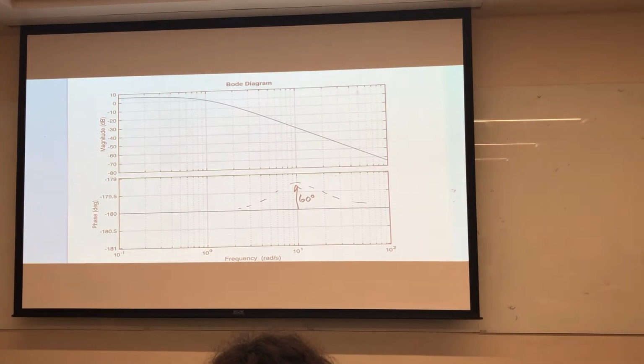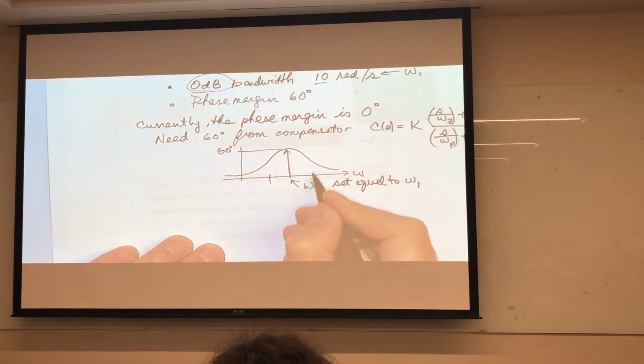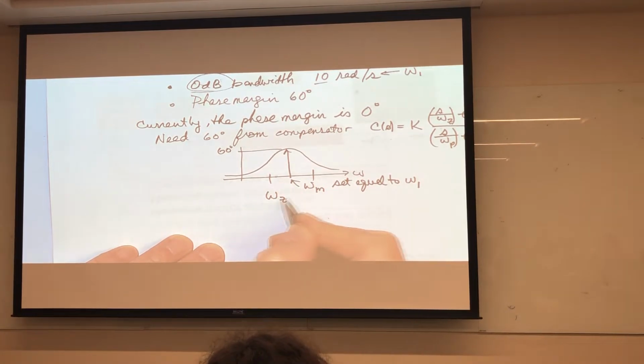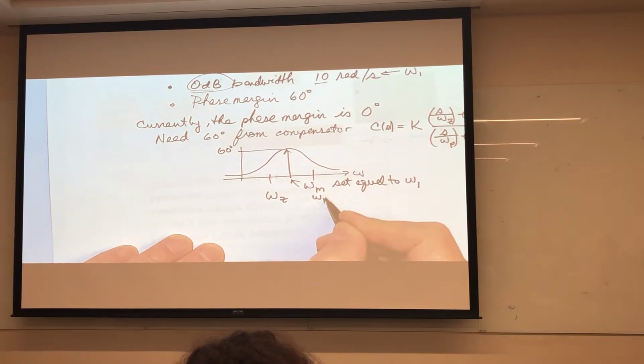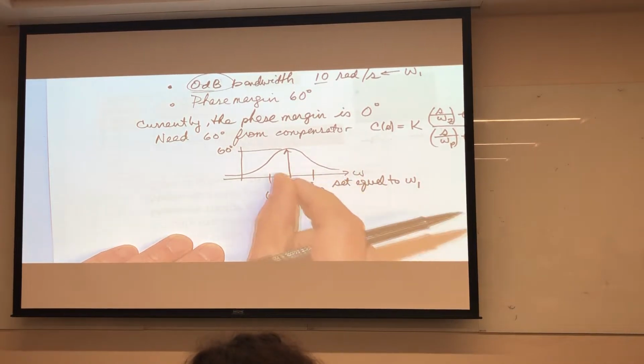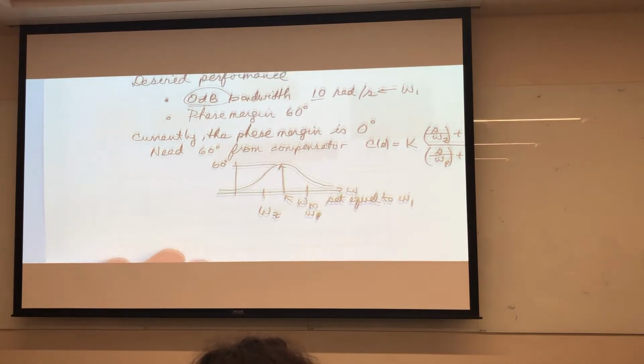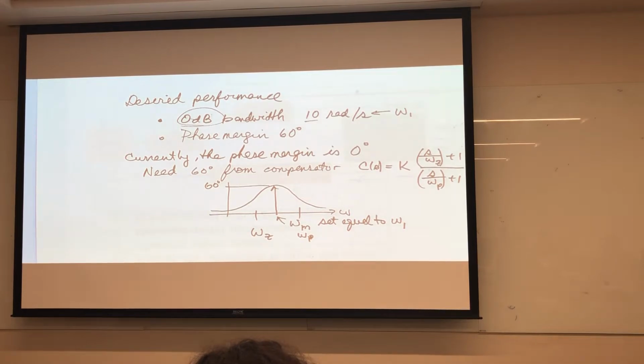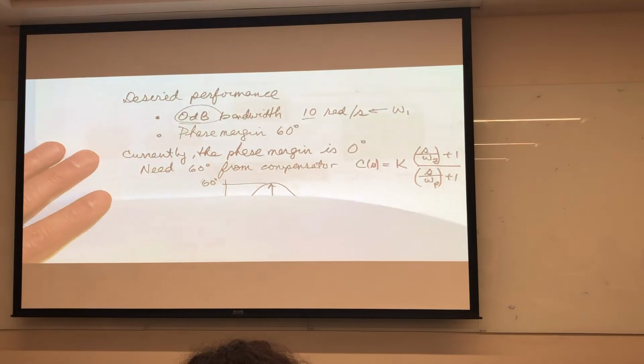Okay. So let's take a look at the different equations. We want this type of compensator, which means we need a 0 and we need a pole. We need a 0 here, and we need a pole here. And we need to figure out how big the separation is. So let's calculate alpha. We need 60 degrees from the compensator.